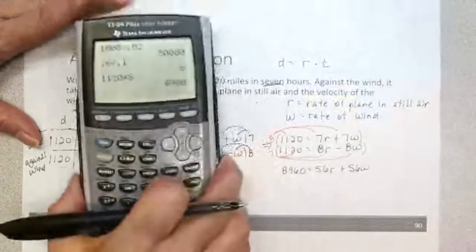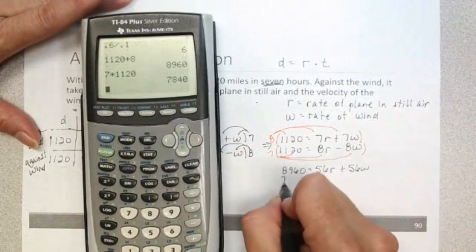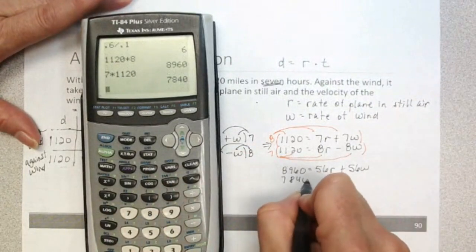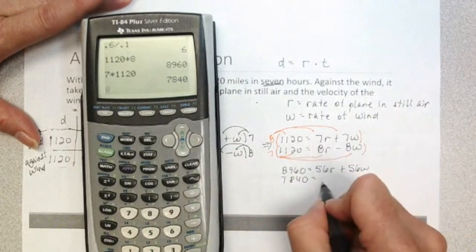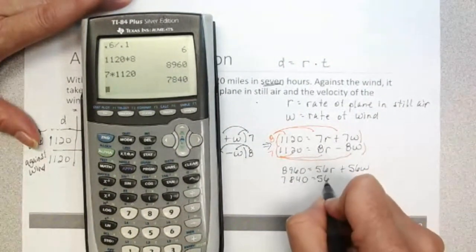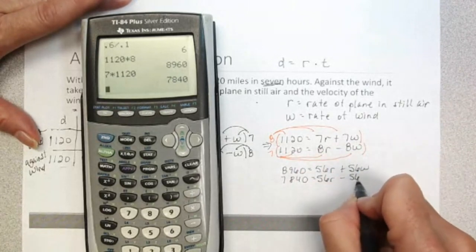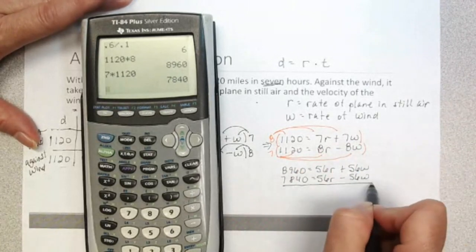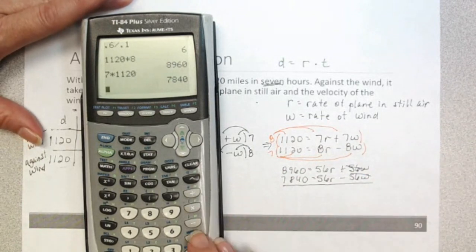And my second equation, 7 times 1120, I have 7840 equals 56R, 7 times 8R, minus 56W. Okay, now when I add them together, the W terms add out. All right, so 8960 plus 7840.